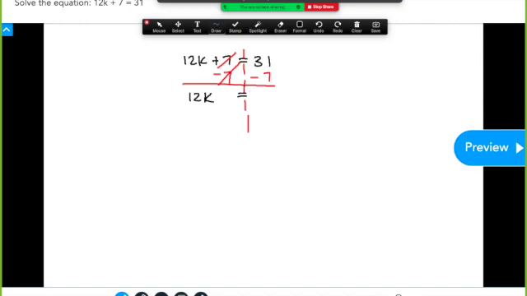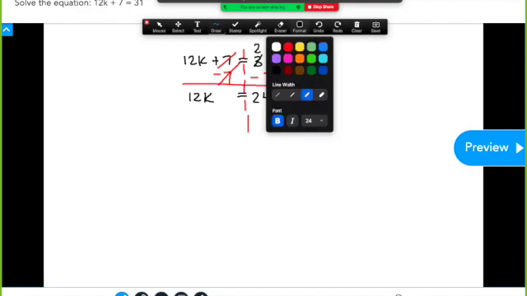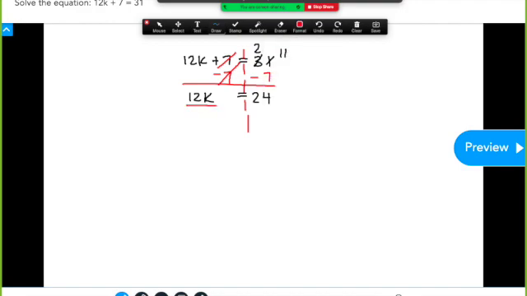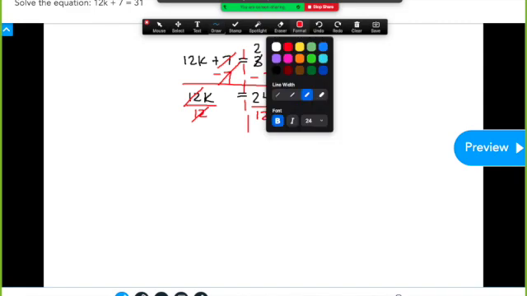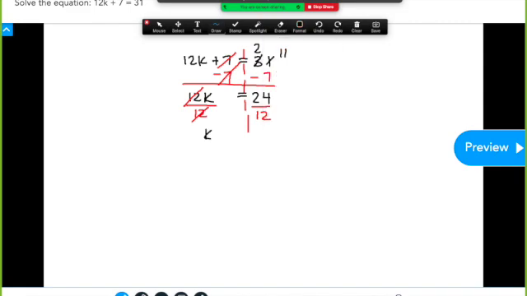And then we have 31 minus 7, which gives me 24. Then I see that 12 is multiplying by k, so I want to do the opposite operation, which is to divide by 12 on both sides. This cancels out my 12, and I'm left with k equaling positive 2.